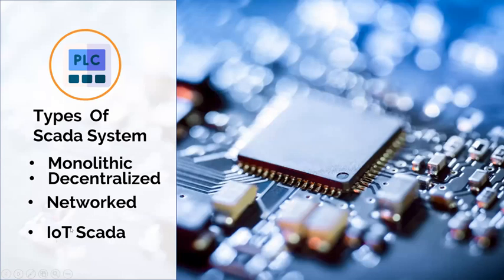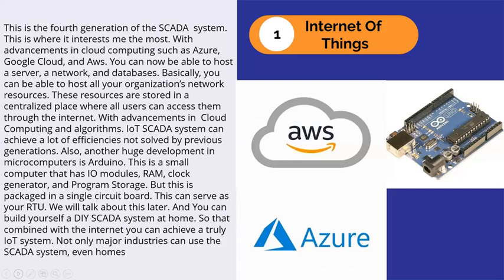In SCADA, the substations are networked so that they can communicate together. The Internet of Things is the new type of SCADA, and I can give a brief about it because this is where the future is going.